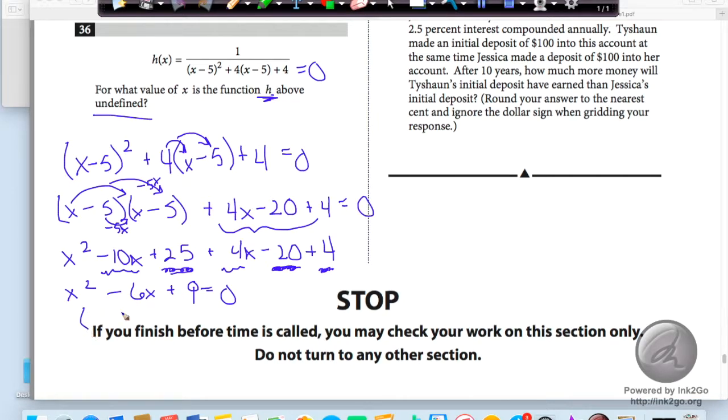Well, if I were to FOIL this back, then I would have x here, x here. Now what essentially would give me a minus 6x in the middle and a 9 on the outside? Because this is positive and this is negative, that leads me to believe that I have 2 negative values here.